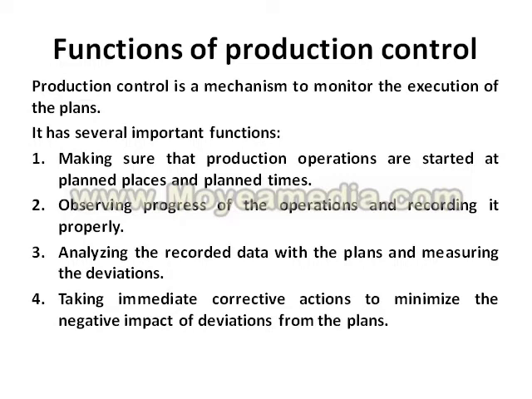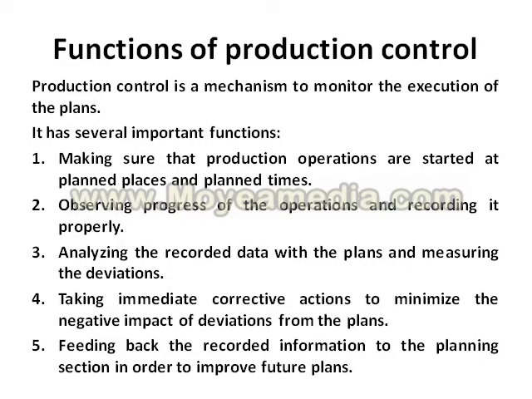You can have any quality control methods that you require. Then it is also responsible for your product design and development in future. Those are the major functions of production control.